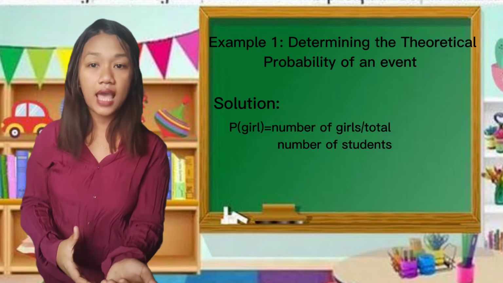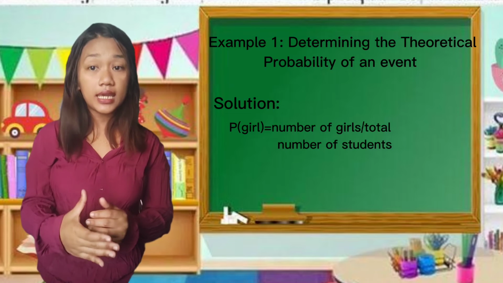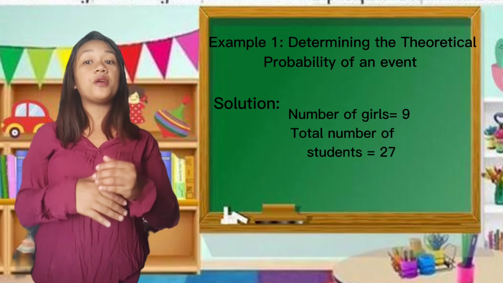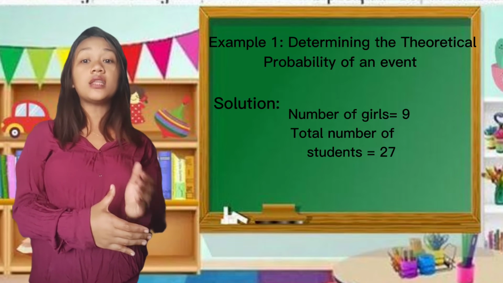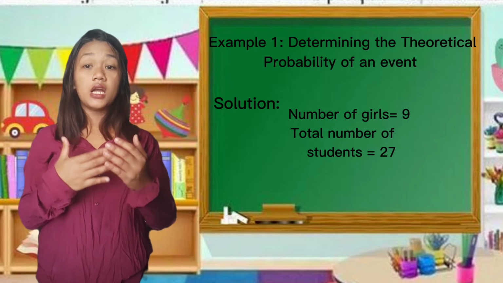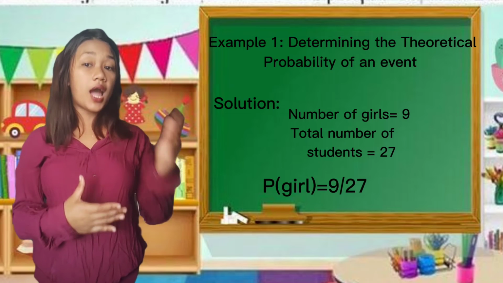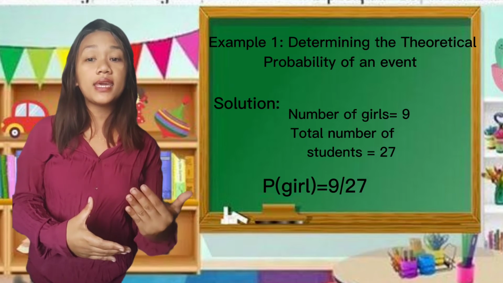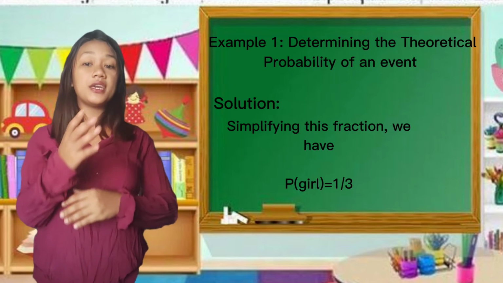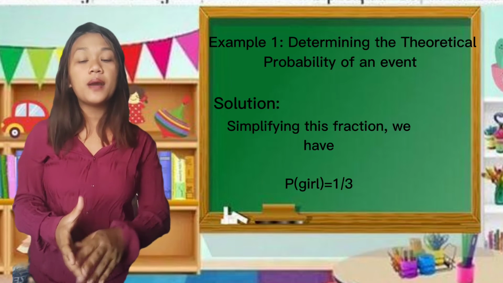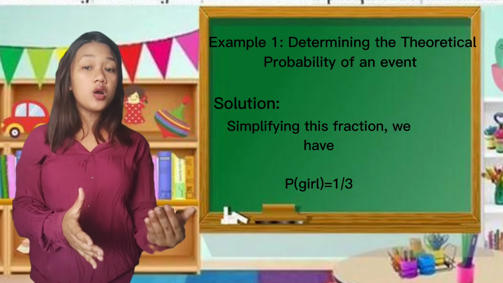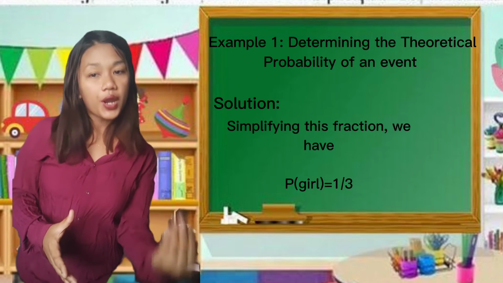Yes, 27. Substituting, the number of girls is 9 and the total number of students is 27. So P(girl) is equal to 9 over 27. Simplifying this fraction, P(girl) is equal to 1/3.